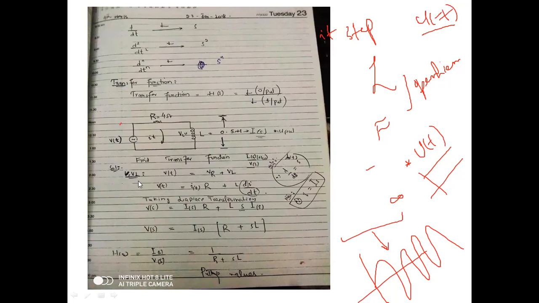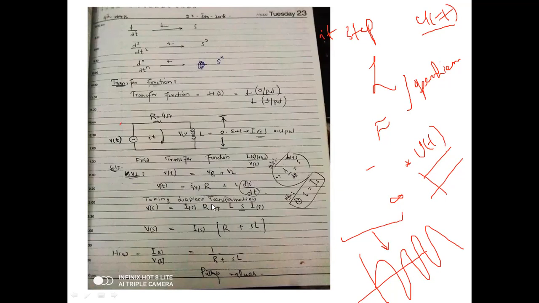So the first step is KVL. Okay, v of t is equal to vR plus vL, the voltage drop across the resistor and the voltage drop across the inductor. So in time domain, first of all, v of t is equal to i of t R plus L di by dt.